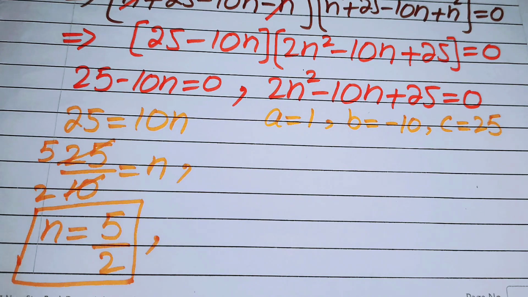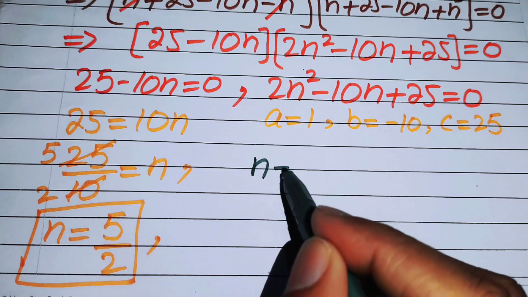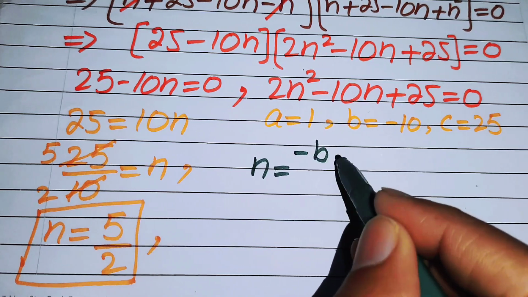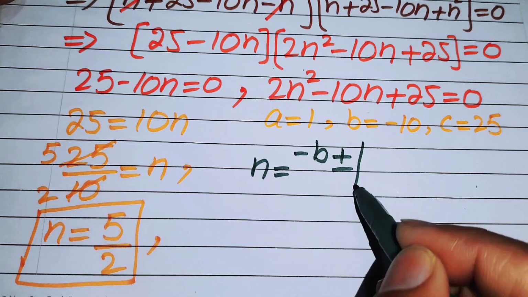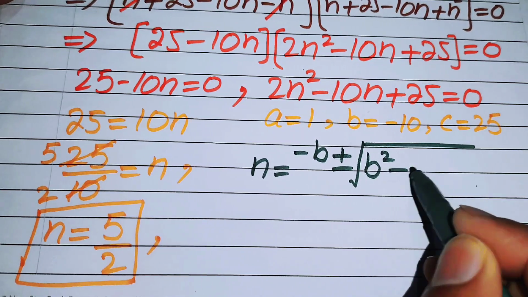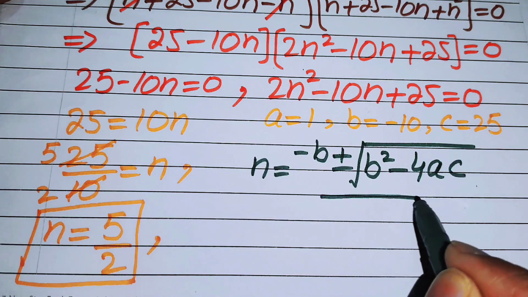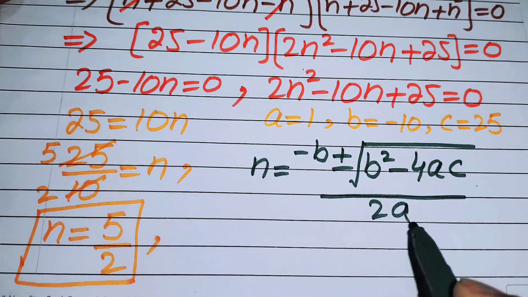And you know that our quadratic formula looks like this: n equals minus b plus minus square root of b squared minus 4ac, over 2a.